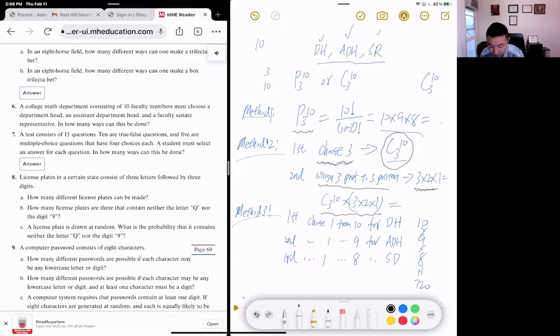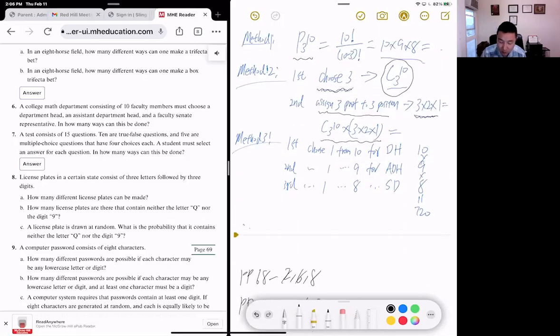Or you can think like in method number 3. We think of this experiment as 3 steps. The first step is we choose 1 professor from the 10 total professors for the department head position, so we have 10 choices. The second step, we choose 1 professor from the remaining 9, because 1 is already chosen, for associate department head, so we have 9 choices.